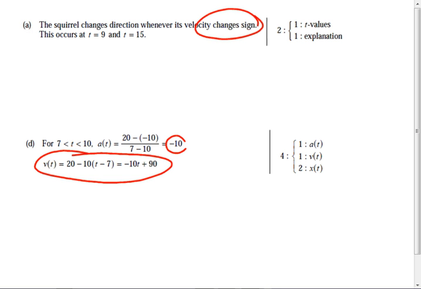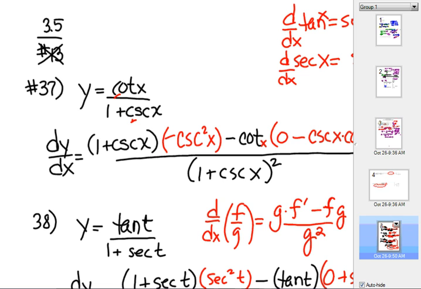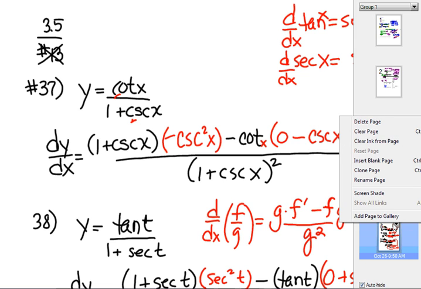So that's 3-5, because that's what's going to be on your quiz. Now, we did 37, but I think we should do it again, right?